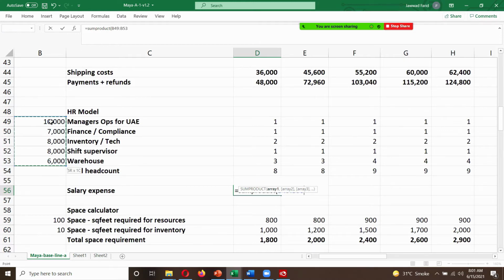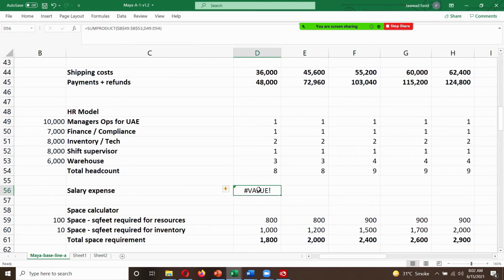I lock it because I have to repeat this again and again, then comma, and multiply that with all of these together and give me the sum. So I'm telling Excel: take this 10,000, multiply it with this 1, that gives me 10,000. Then take this 7,000 multiplied by this 1, that gives me 7,000. Then take this 8,000 multiplied by 2, that gives me 16,000. 8 by 1, another 8,000. 6 by 3, another 18,000. Then sum all of these together.